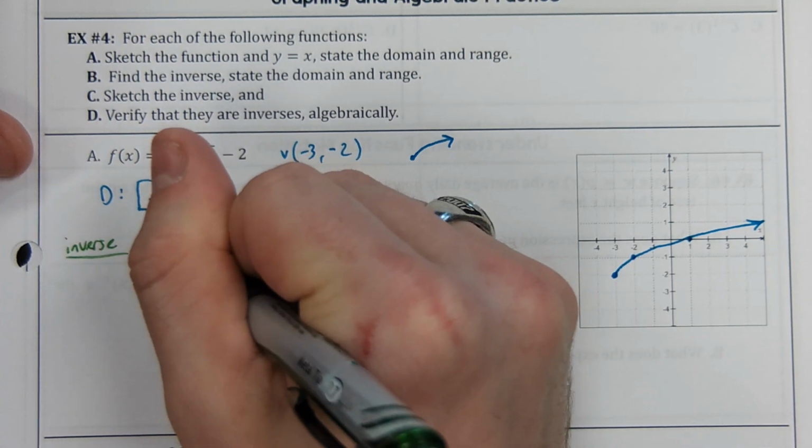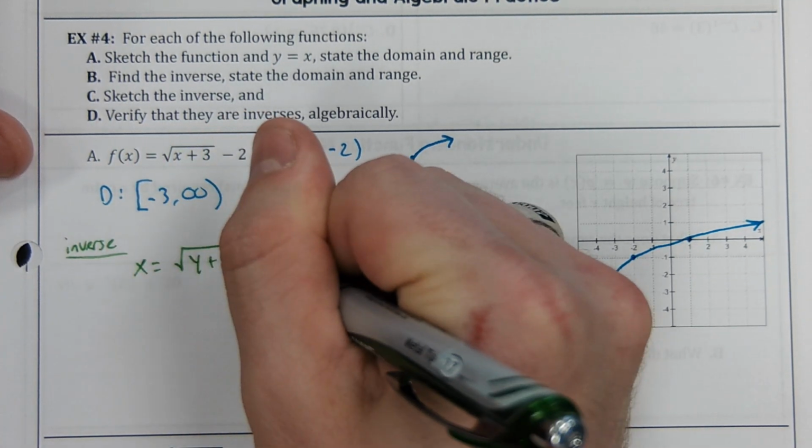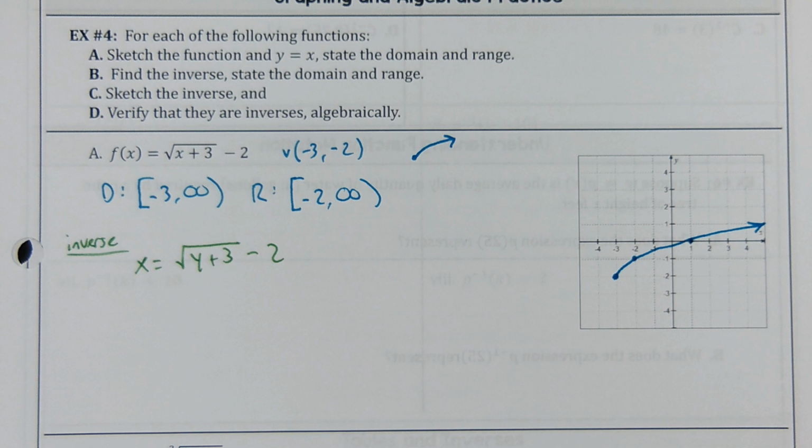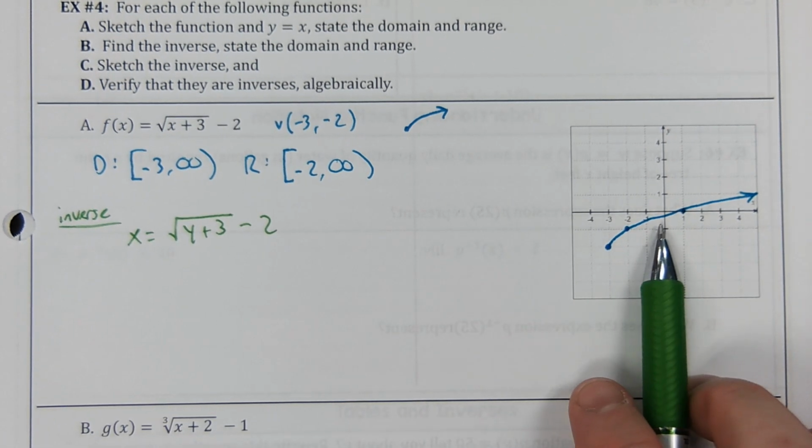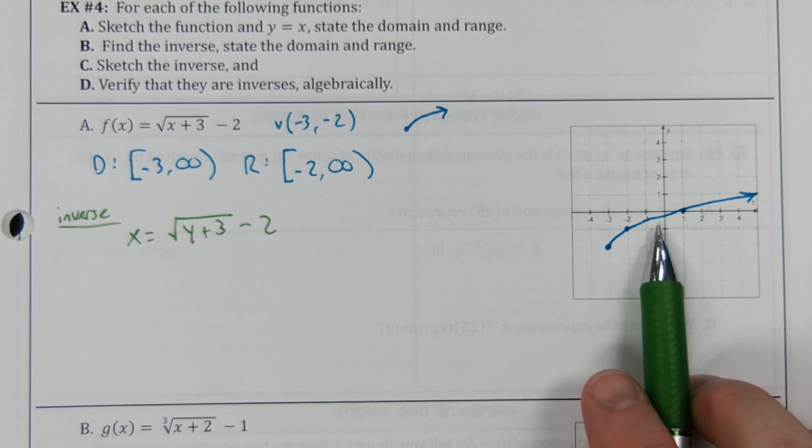X equals square root of y plus 3 minus 2. Our job is to get y alone. And once y is alone, we'll call it f inverse. Does this graph pass the horizontal line test? Yes, it does. That means its inverse is a function as well. So this is 1 to 1. Its inverse will be a function.